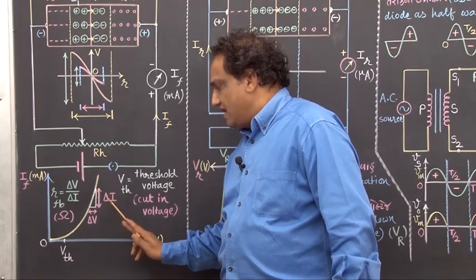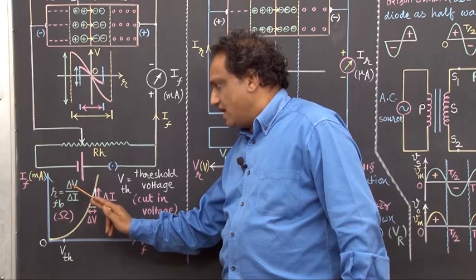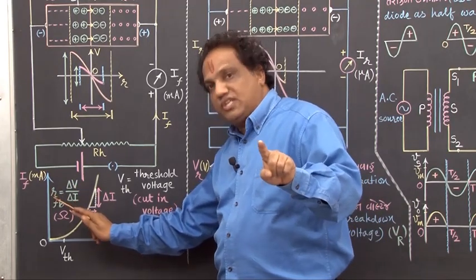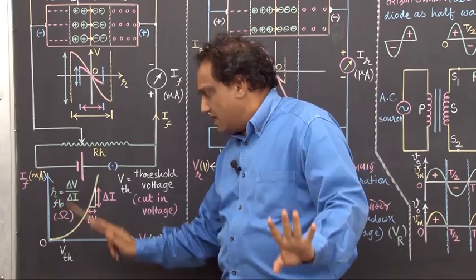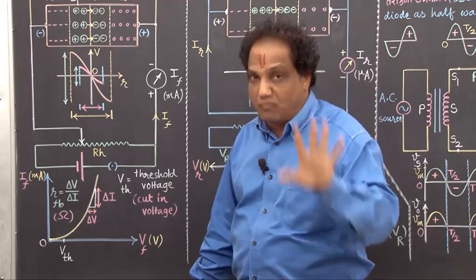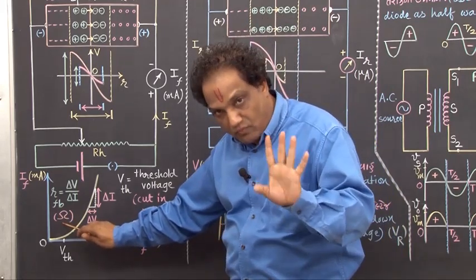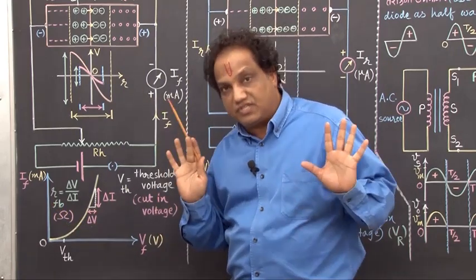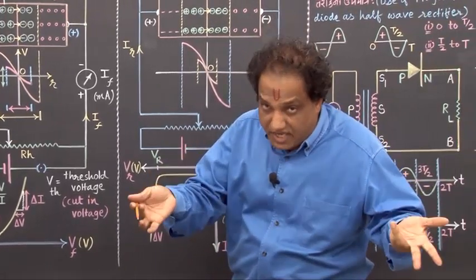Once you get delta V and delta I from this triangle, you take the ratio delta V upon delta I, which gives you the dynamic resistance of the PN junction diode in forward bias condition, okay. Such a resistance is found to be very small, of the order of ohms. So this is all about forward bias static characteristics, and now we go to reverse bias static characteristics.